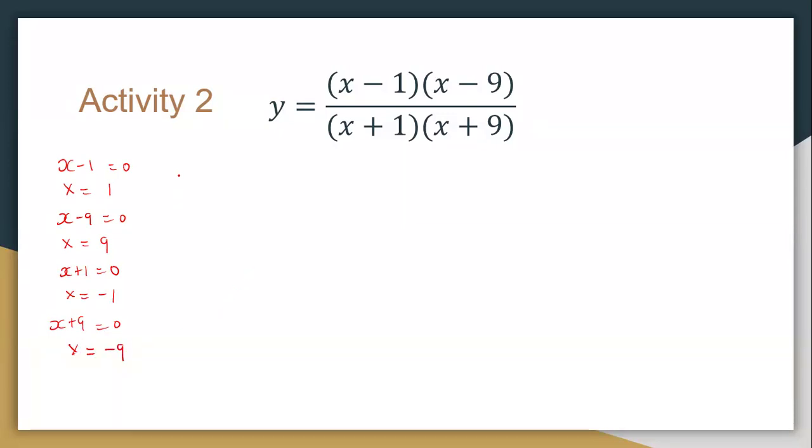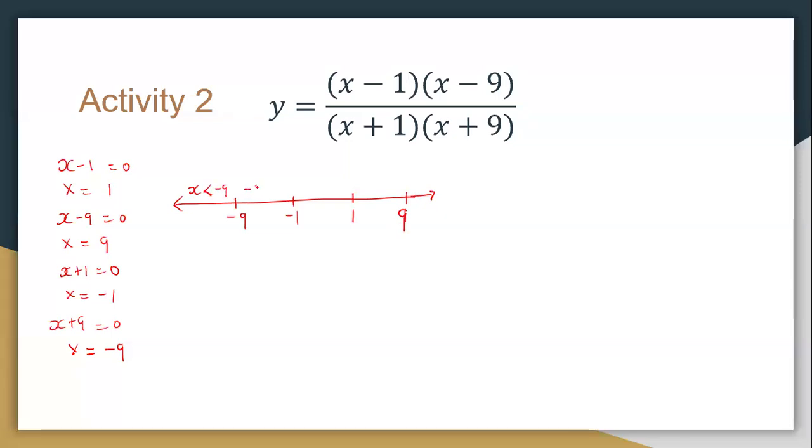What do you do? Put them on the number line such that you know how it will look. All those values of x. So when you look here, you notice I have negative 1. On a number line, we shall have negative 9 here. On a number line, you have a 1 and then you have a 9. So what does it mean? I'm going to get a value that is x less than negative 9.